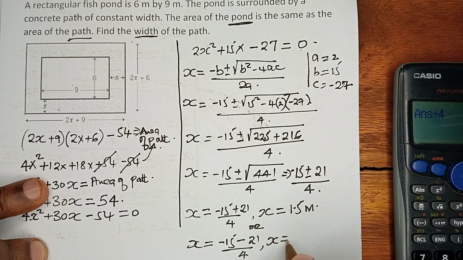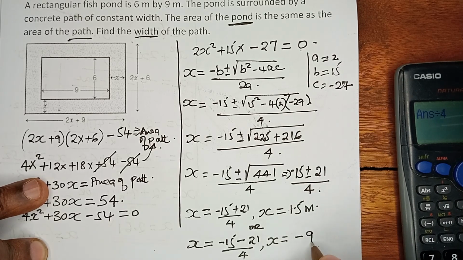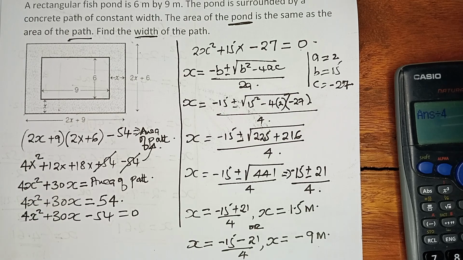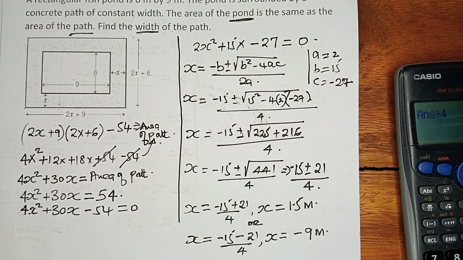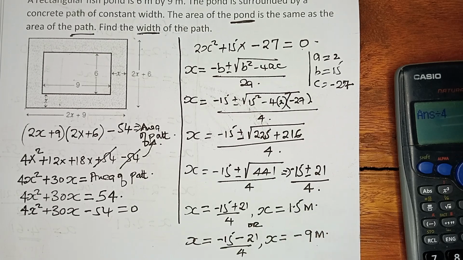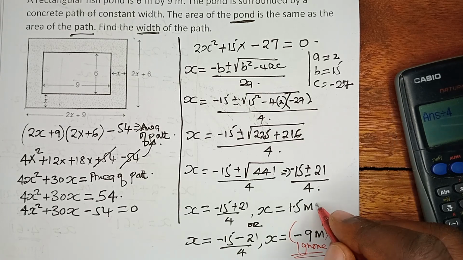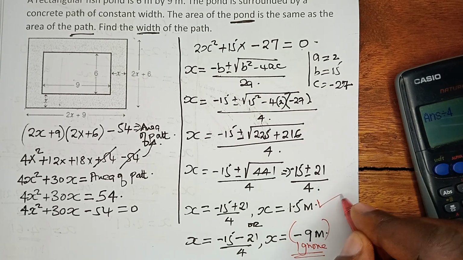So x can also be negative 9 meters. But again, common sense tells me there is no way the width of the path can be negative 9 meters. So this one has to be ignored. So the only possible value of x is 1.5 meters. Thank you.